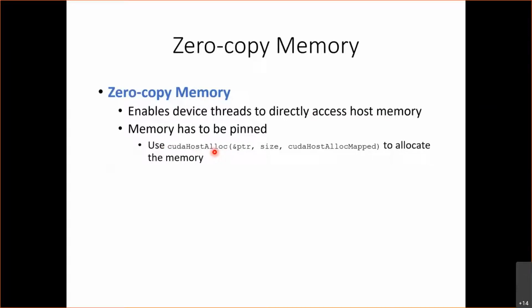When we use it to allocate memory, it gives us a certain memory range in the CPU that is pinned, and not only is it pinned, but also if I try to access this data from the GPU, the runtime system will automatically copy this data for me from the CPU to the GPU.